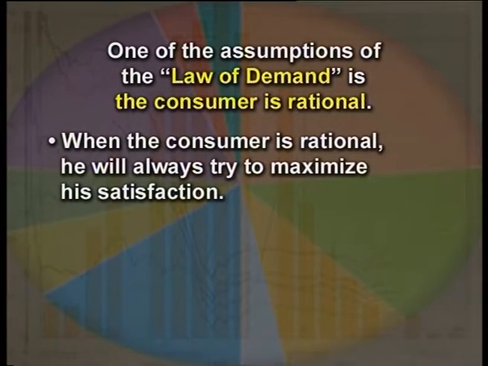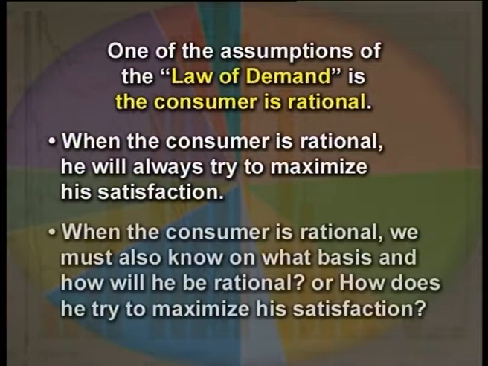And when we say that the consumer is rational, we mean that he will always try to maximize his satisfaction. And therefore, when we assume that the consumer is rational, we must also know on what basis and how he will be rational, or how he tries to maximize his satisfaction. And therefore, the law of equi-marginal utility teaches us how a consumer can maximize his satisfaction.